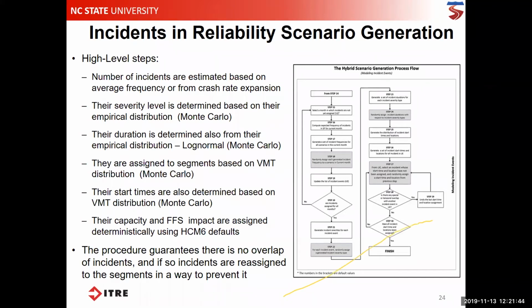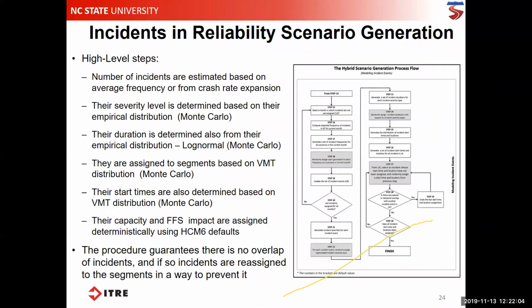Then we assign different severity levels to these incidents: how many of them are shoulder closures, how many of them are one-lane closures. We determine those in a stochastic manner, and after that we assign duration to these incidents based on the log normal distribution that Nagui just talked about.